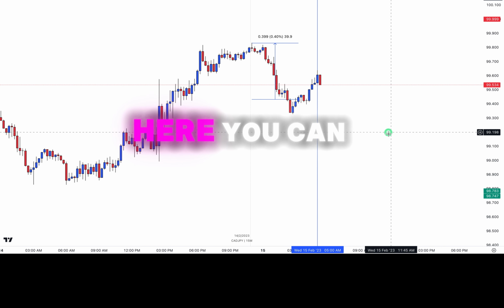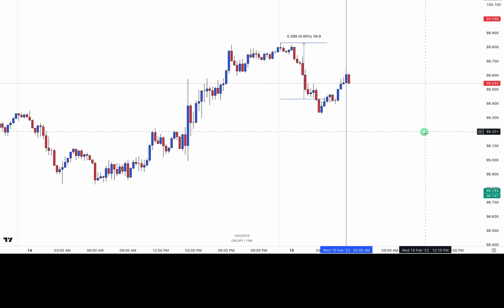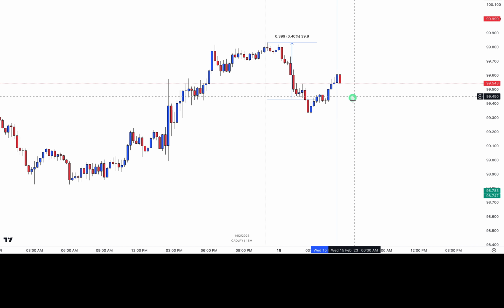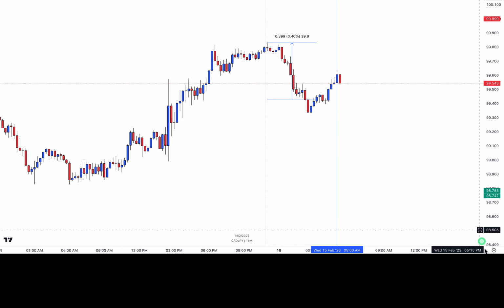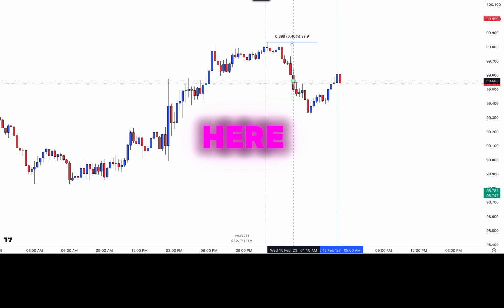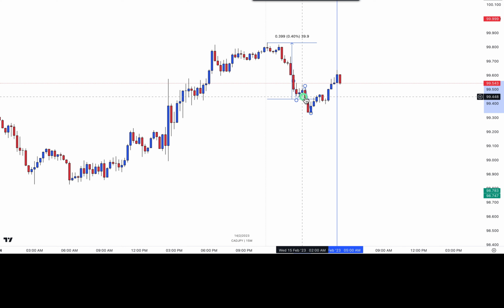Okay, so from here you can see that it's already at 5, but here we had a W pattern. We had it here, but here there was another W pattern that was created. Let's draw another one.